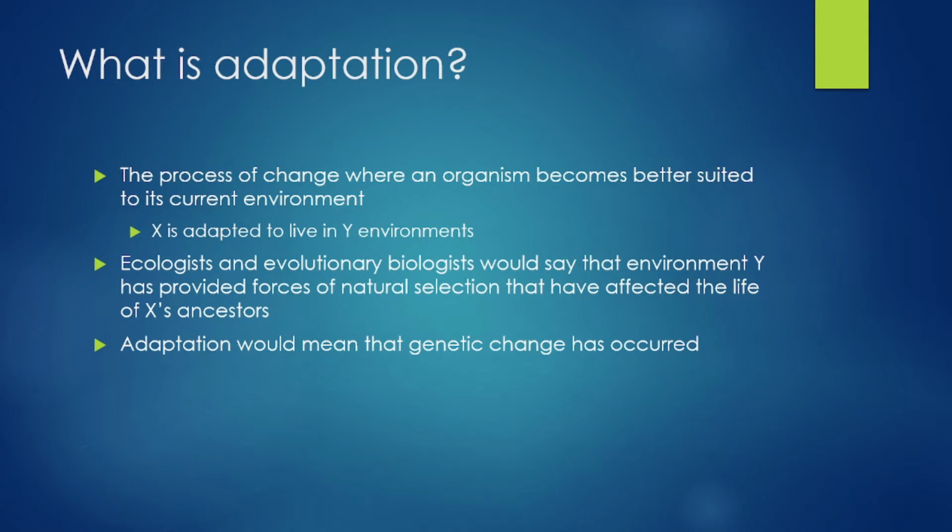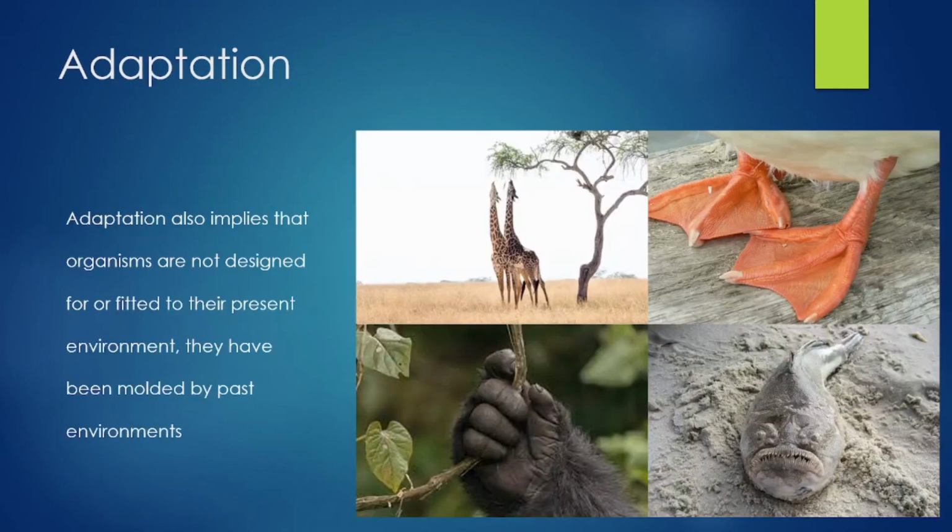So it's a way where nature dictated how the organisms would live in the future. And adaptation would mean that there is a genetic change occurring or has occurred. So there are mutations within the genes that would allow them to be better suited in a particular environment.